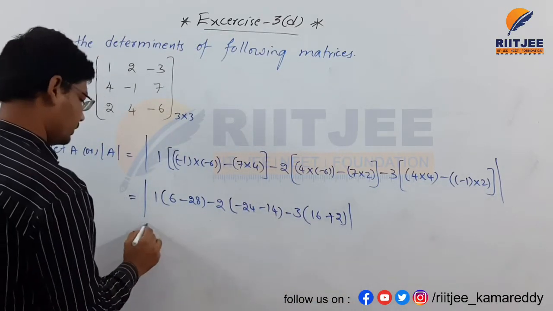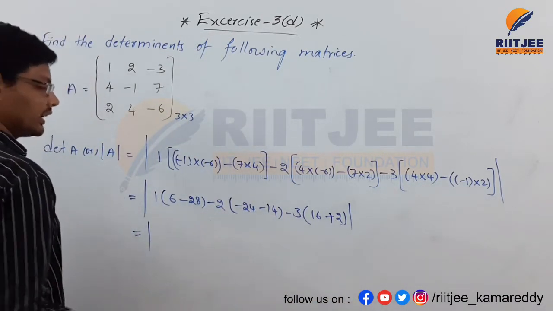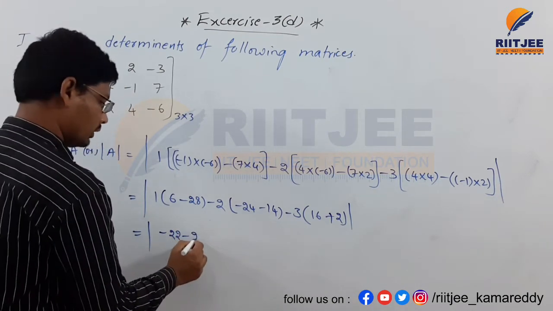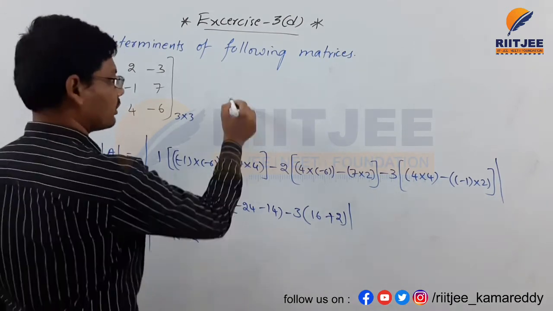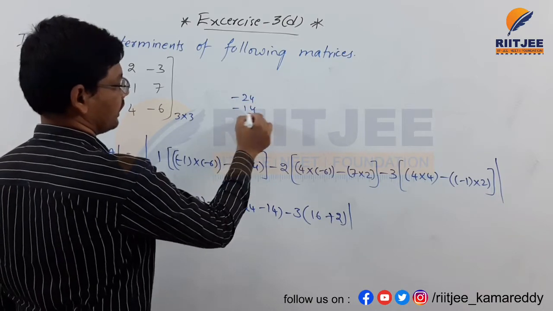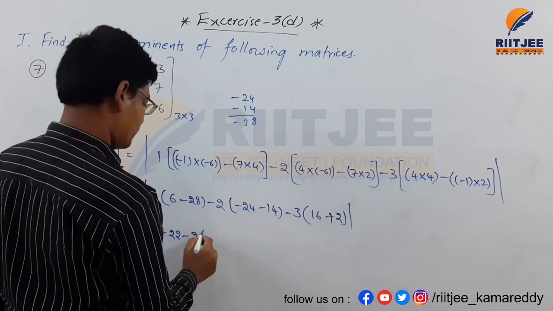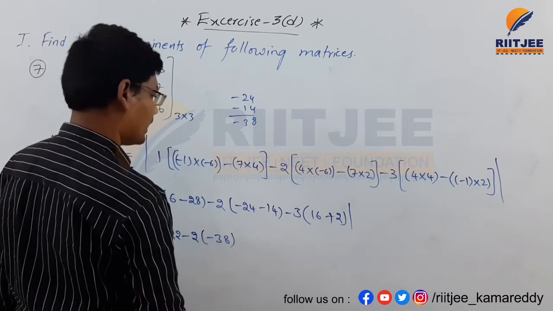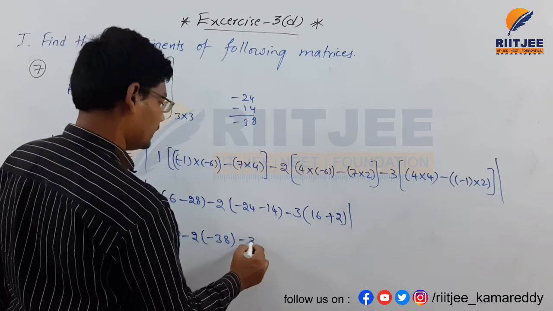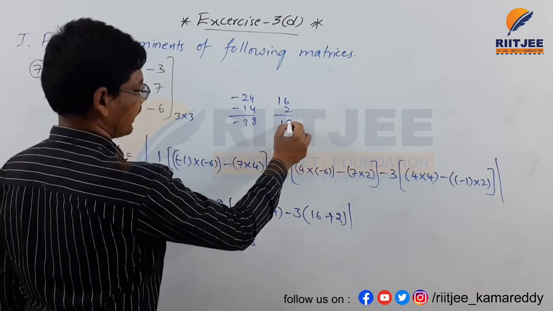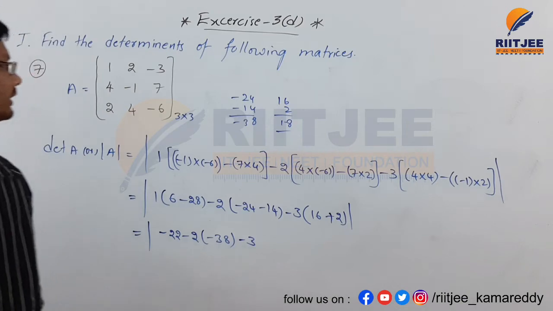And the next step, minus 6 minus 28 is minus 22, and 2 into minus 24 minus 14 is minus 38, and 3 into 16 plus 2, that is 18 here.